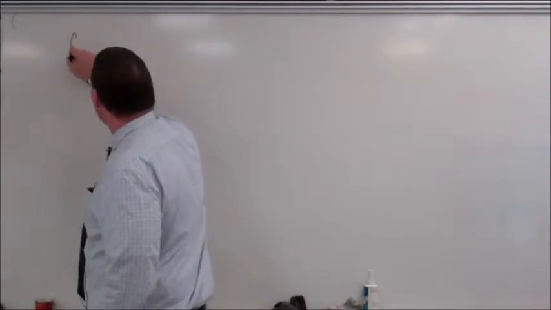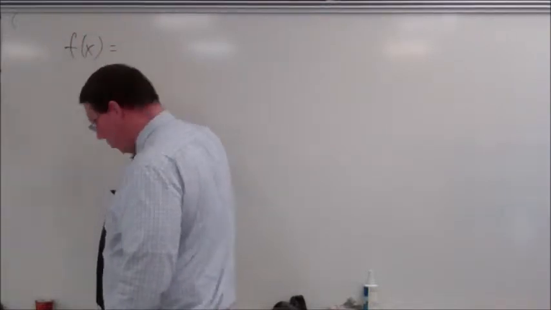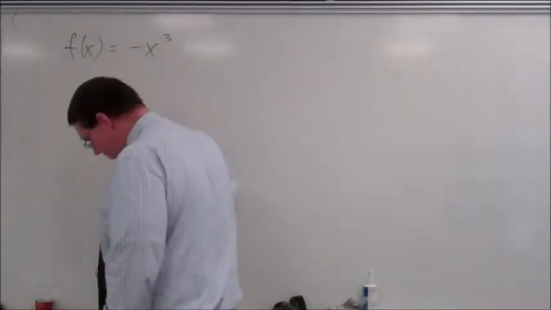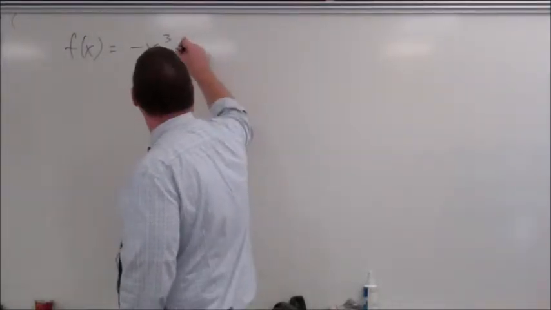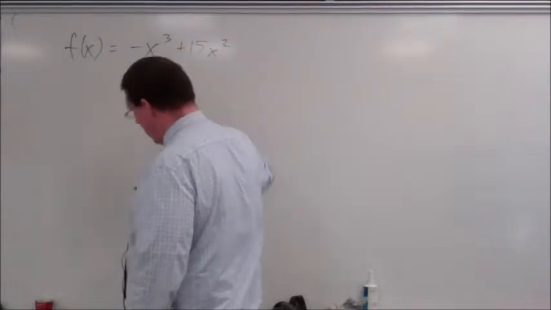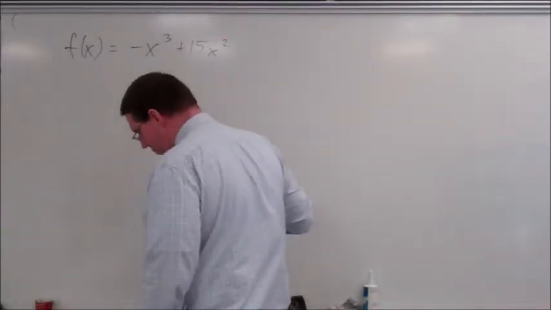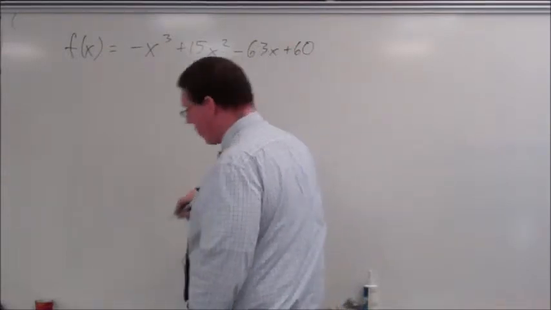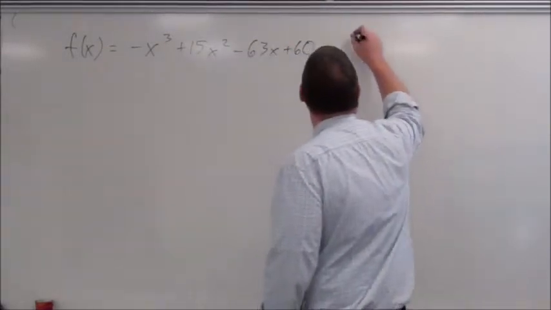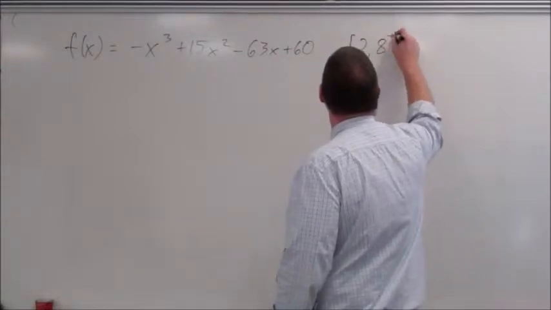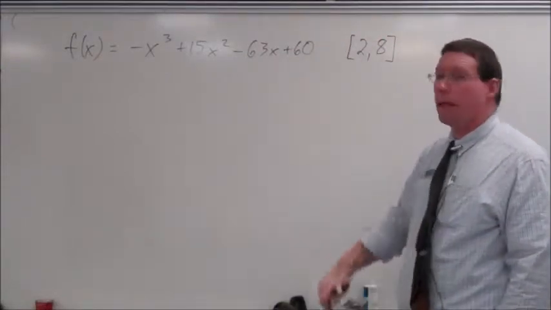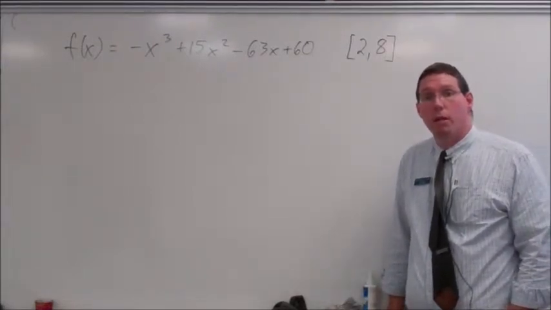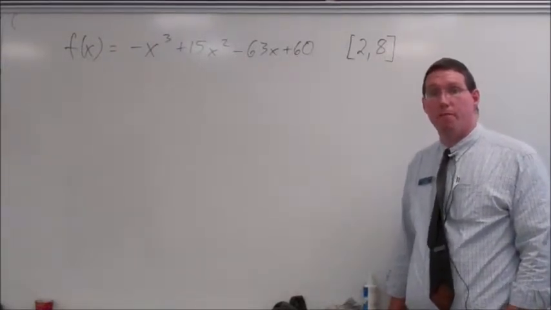The first one says f of x is equal to negative x cubed plus 15x squared minus 63x plus 60, on the closed interval 2 to 8. This is a polynomial. All polynomials are continuous and differentiable from negative infinity to positive infinity.